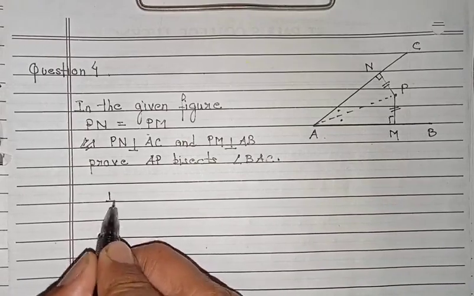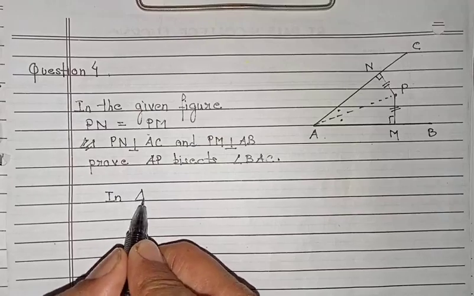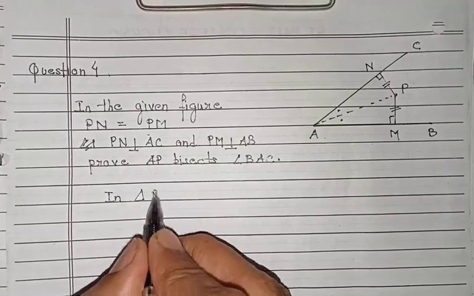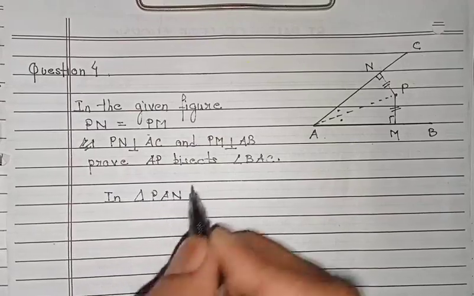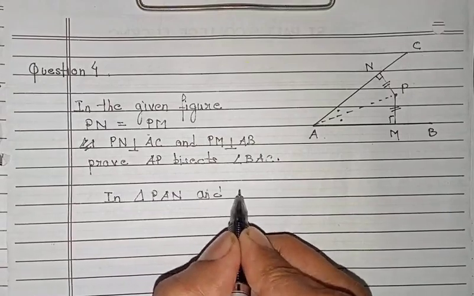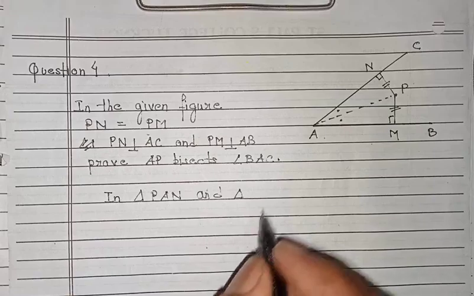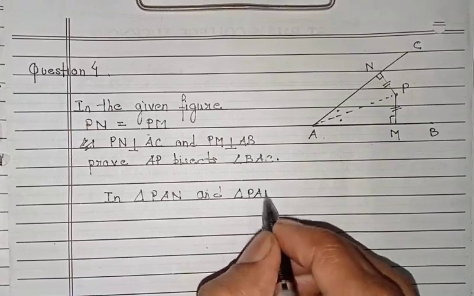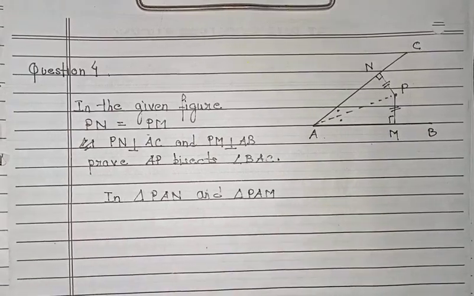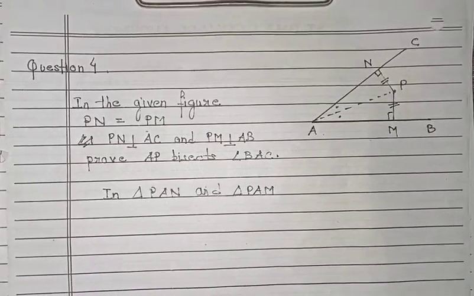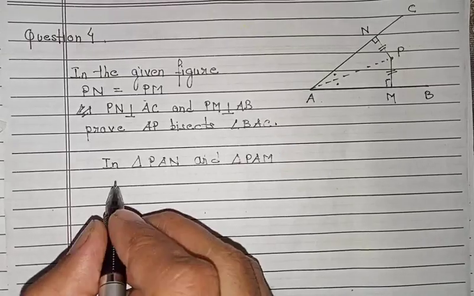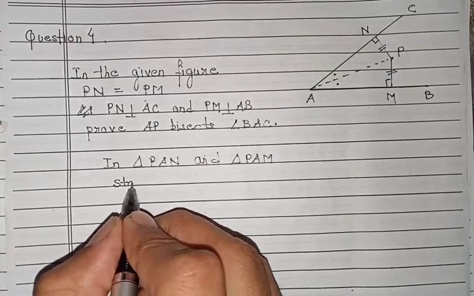So first of all we will consider triangle PAN and triangle PAM. So first of all we will try to prove congruency of these two triangles. So let's see how can we prove the congruency of these two triangles.